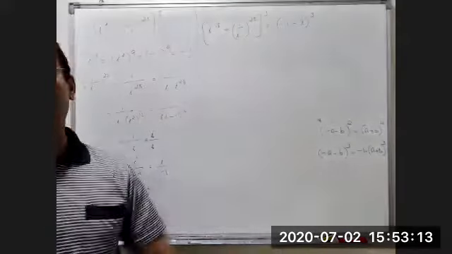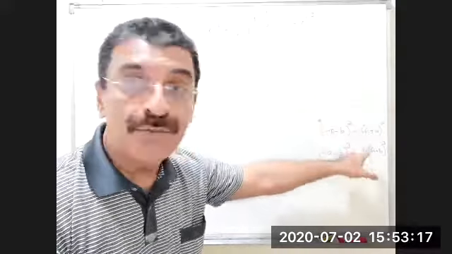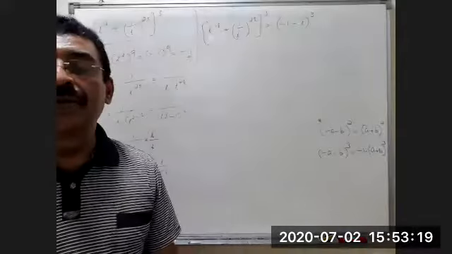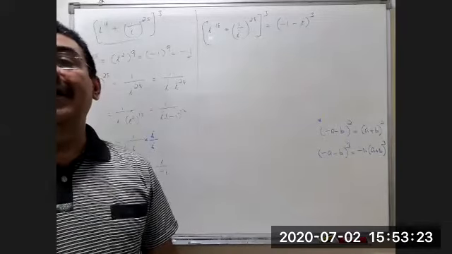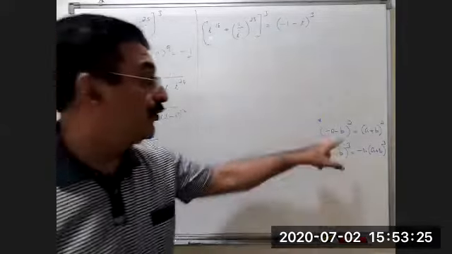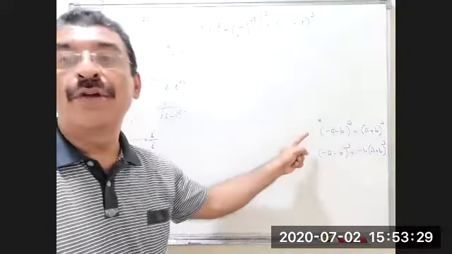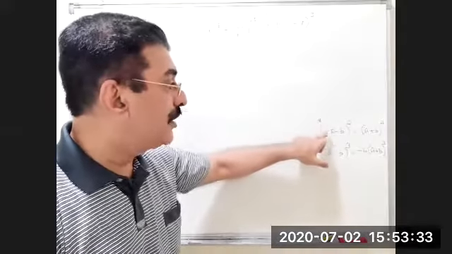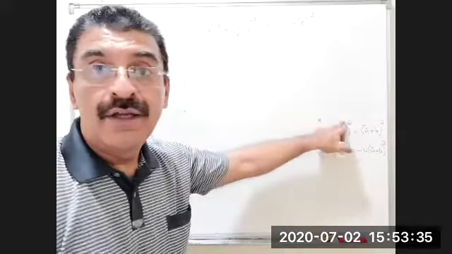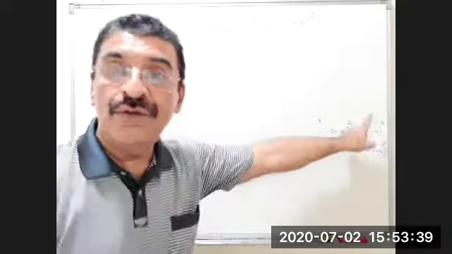Why is it so? Here there is no minus 1, it became positive. Here, why does minus 1 come out? Because here, actually we are taking minus 1 out as a common factor. But when this minus 1 is taken out, it becomes minus 1 square, and the square of minus 1 remains positive.